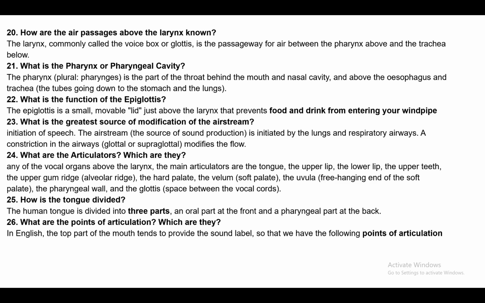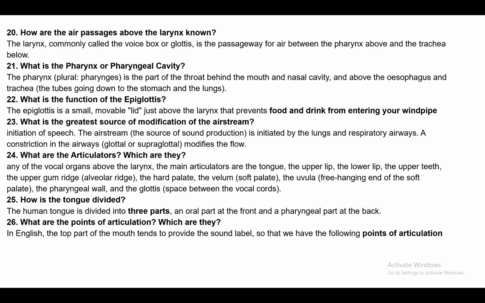The pharynx is a part of the throat behind the mouth and the nasal cavity, and above the esophagus and the trachea, the tubes going down to the stomach and the lungs.